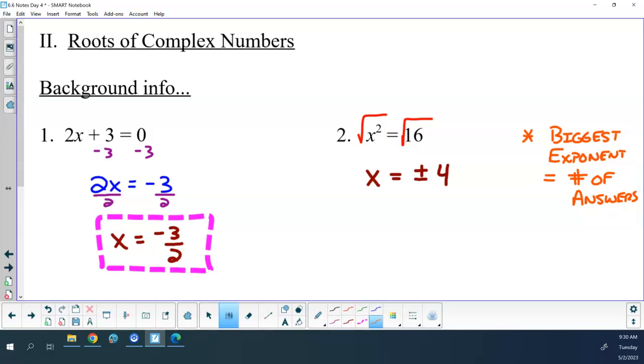So back in this first problem, our biggest exponent was 1. So we only got 1 answer. Here in this one, our biggest exponent was 2. So we got 2 answers.